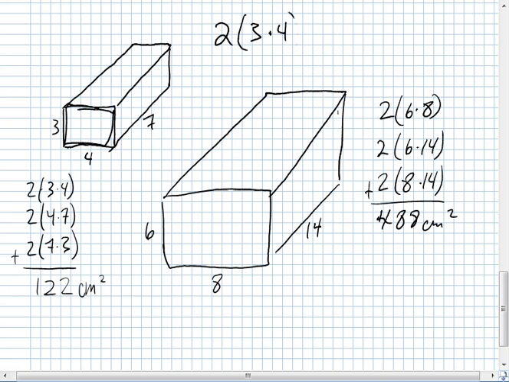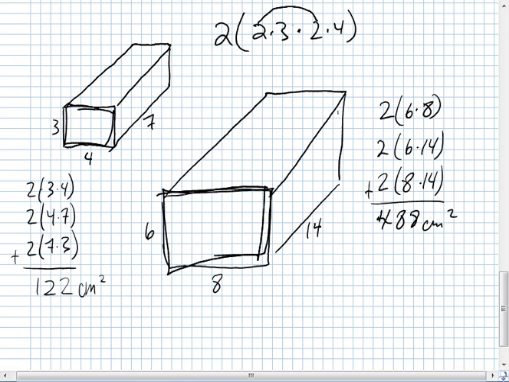But to get the area of this face, I'm doubling both measurements: 2 times 3 is the height, which is 6, times 2 times 4, which is the length. So I'm basically going 2 times 2, which is 4, times my original area. That's why it's a squared relationship like that.